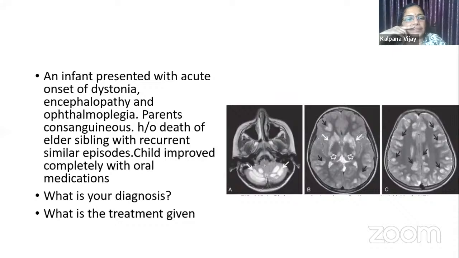Then an infant presented with acute onset of dystonia, encephalopathy, and ophthalmoplegia. The parents are consanguineous. There is a history of death of an elder sibling with recurrent episodes of dystonia and ophthalmoplegia. But this child improved completely with some oral medication. What is your diagnosis and what is the treatment given?